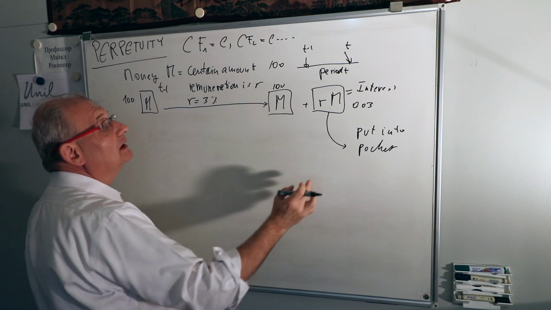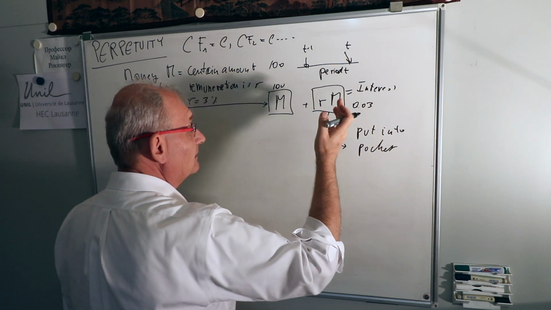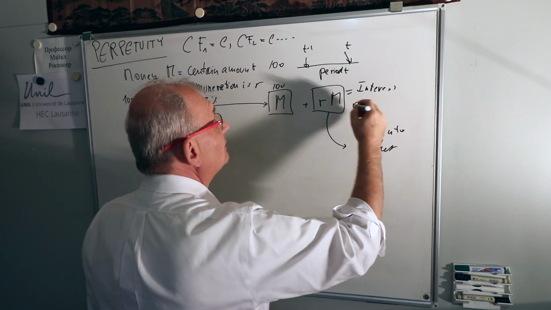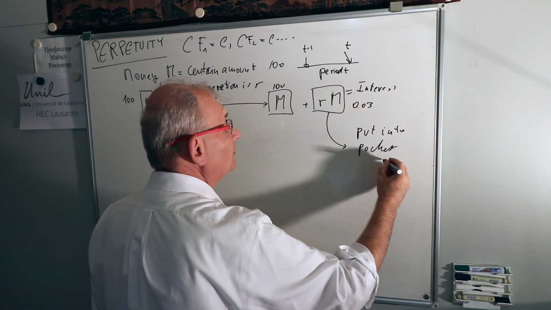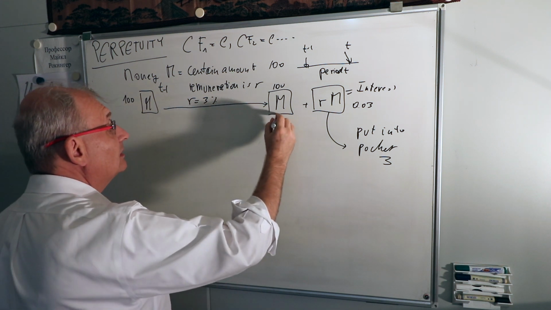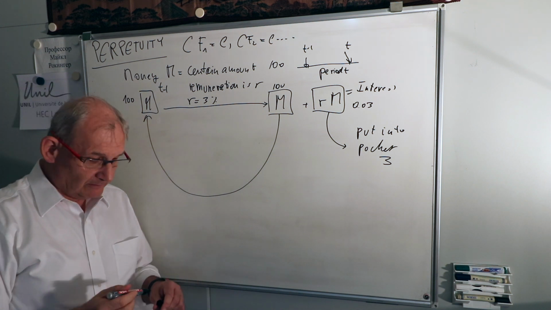The M is still 100, and so the total amount that you're going to get in your pocket is going to be 3. How much are you remaining with? Answer, you only have M. But this is exactly the same thing that you started with.